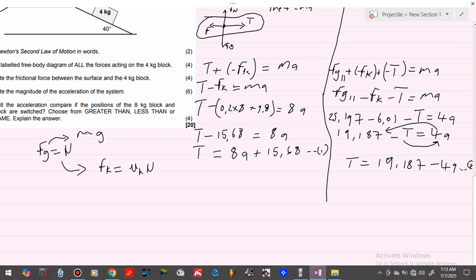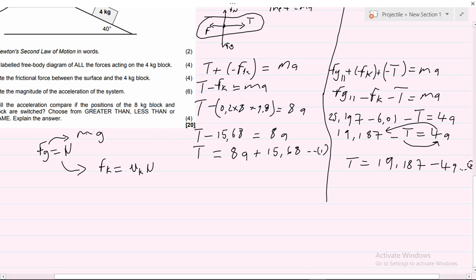We have two equations that we can simply equate because T is equal to T.